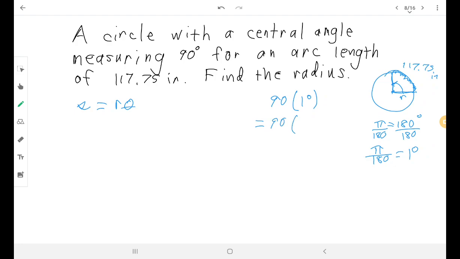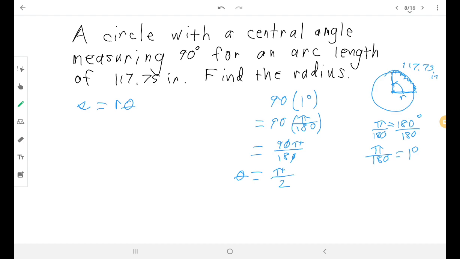So 90 times pi over 180. And then I have 90 pi over 180. I can focus on the 90 over 180 fraction. Divide by 10, and I cut out the zeros. And 9 over 18 reduces by 9 to 1 over 2. So this would just be 1 times pi is pi over 2. So this is our angle now in radians.